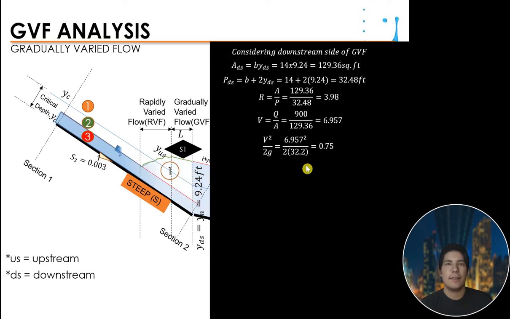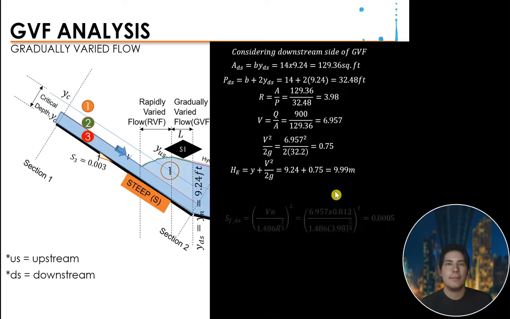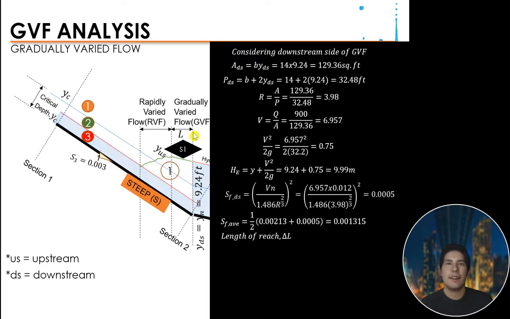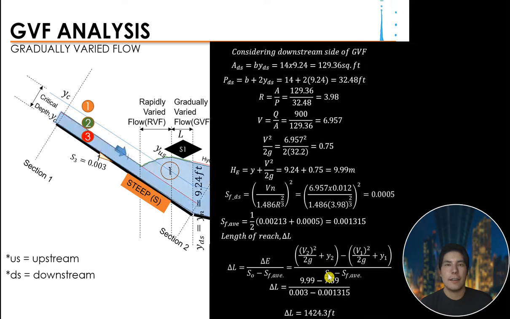Velocity head is 0.75. Specific energy is 9.99. And we can now have the friction slope on the downstream side, which is 0.0005. So you have the friction slope on the downstream and upstream. You can now compute the average friction slope, which is 0.001315, and the length of reach of our GVF using this formula, since we have all the values here. We get 1424.3 feet.